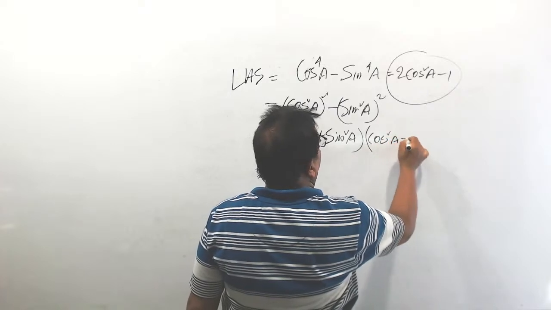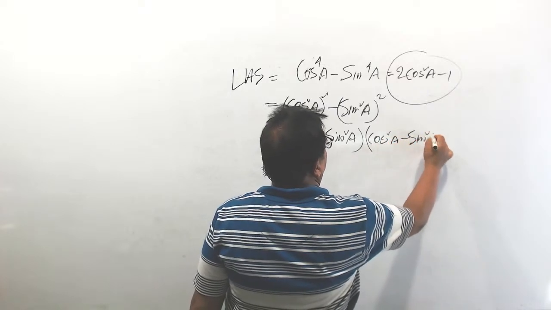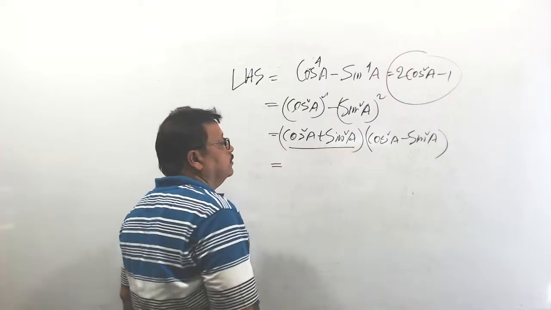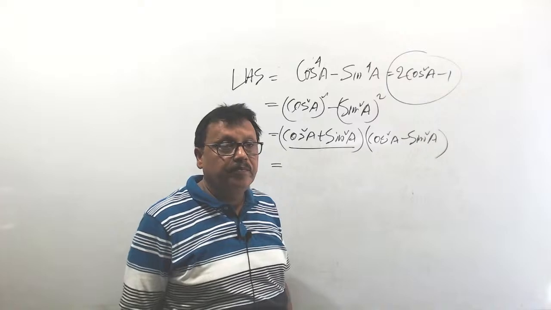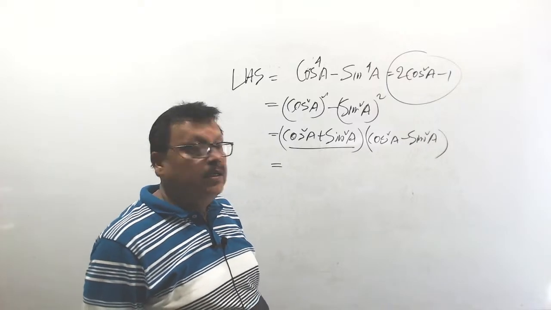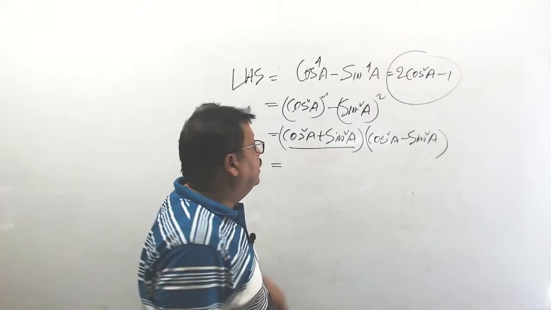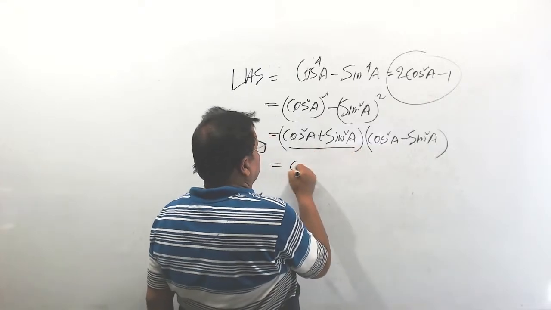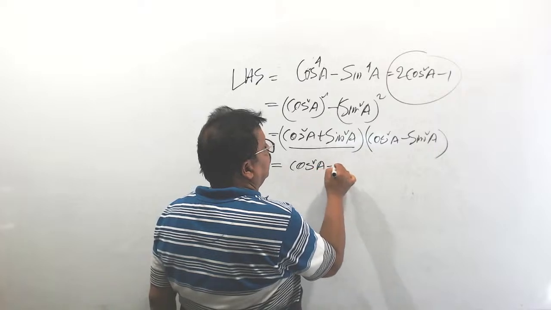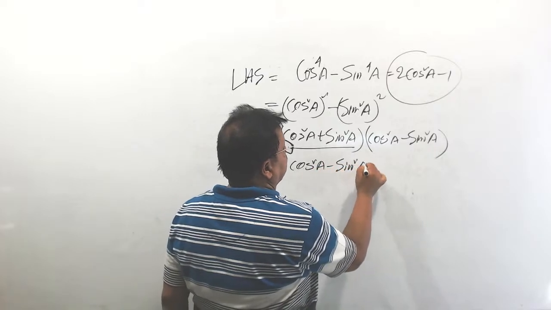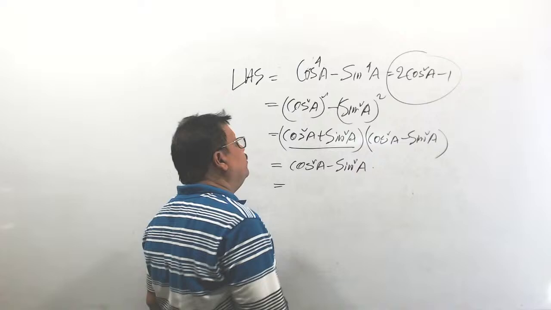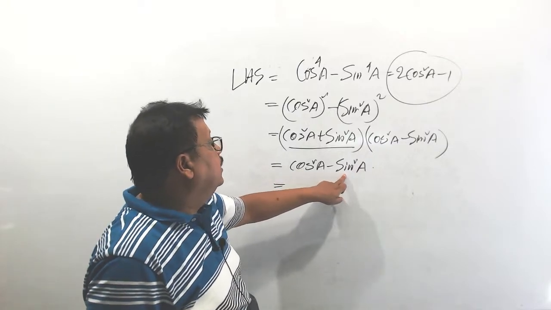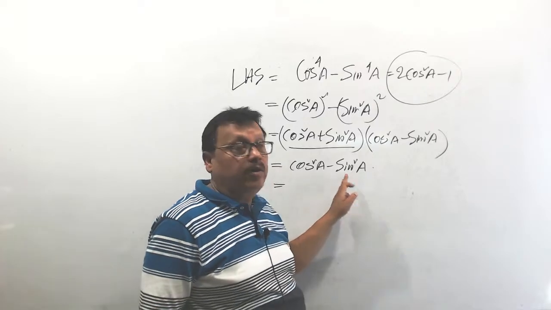Understood? What is this? This equals to 1. That means 1 into cos square a minus sine square a. Cos square minus sine square means what? You have to avoid sine square.